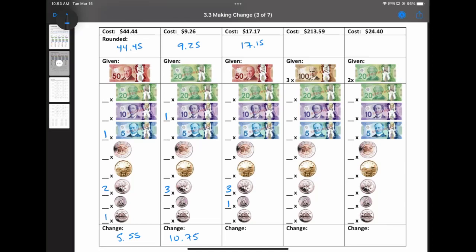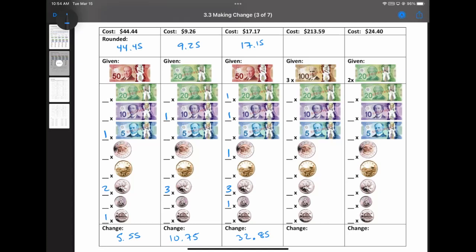In order to get to $50, from $18, I'll get up to 20. And from 20 to get to 50, I need a 20 and a 10. So that, if I just look across, that's 20, 30, 32, 85. So again, no subtraction required, and we're getting the right answers.